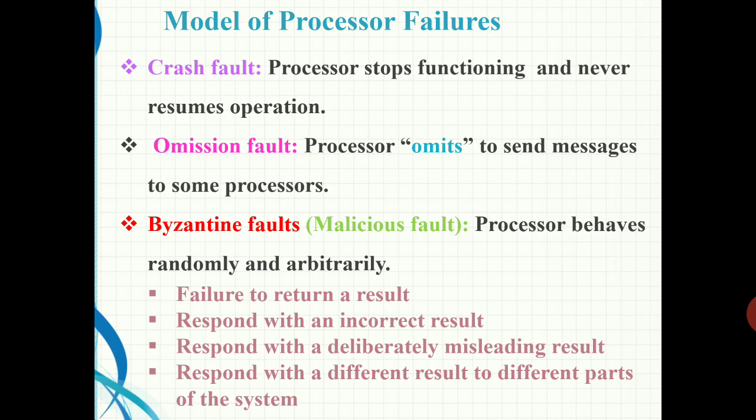Some of the arbitrary node failures are failure to return a result, responding with an incorrect result, responding with a deliberately misleading result, or responding with a different result to different parts of the system or different processors in the system. That comes under the Byzantine fault, or we can say malicious fault sometimes.